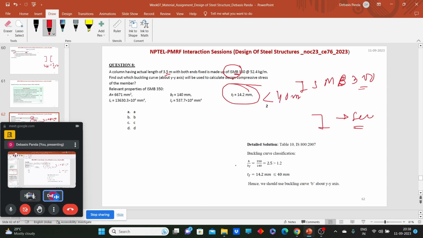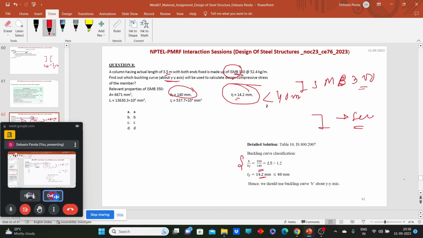So you just need to calculate the value of H by BF. What is the value of H here? H is ISMB 350, so 350 divided by the width of the flange. BF is provided here, 140 mm, and the thickness of flange is 14.2 mm, which is also provided here, less than 40 mm. The question is about the YY axis.